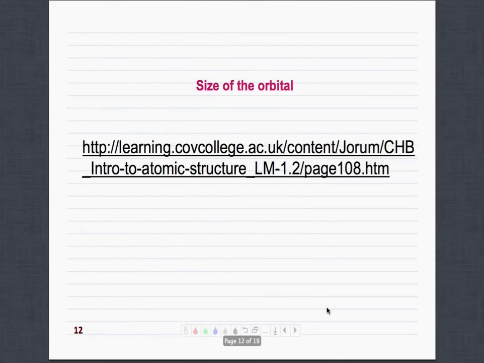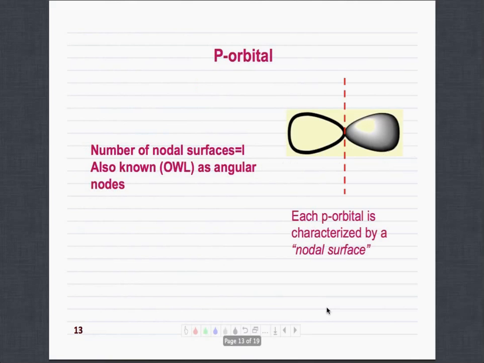The size of the orbital increases as n increases. If we're talking about s, we're going to see the same in p: 3p is bigger than 2p. Now let's look at the p orbitals. In the p orbital, some of them will have the spherical node that we just saw, which is a sphere around the nucleus.